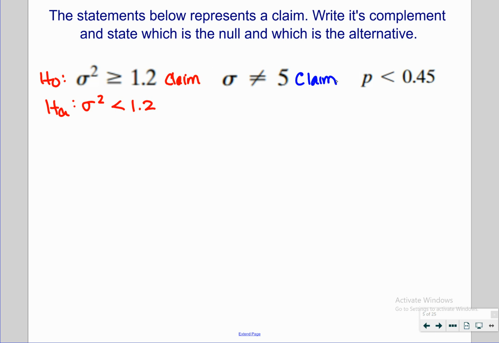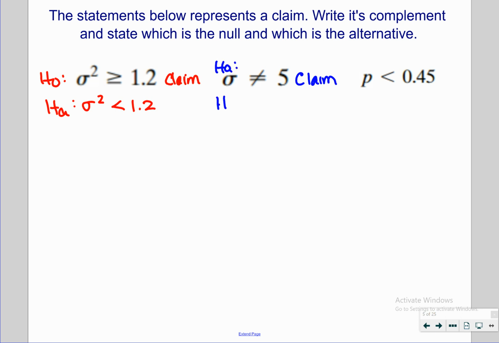If it's not equal to, is that a null or an alternative? What do you think? Alternative, agree.